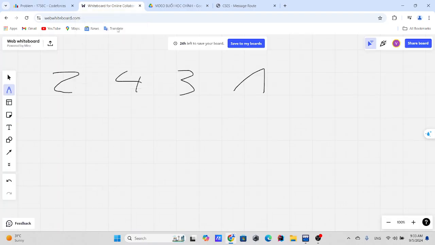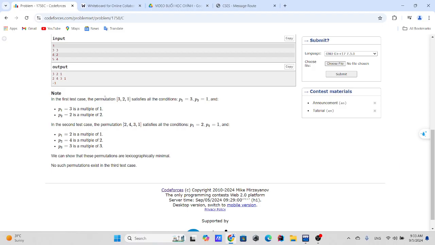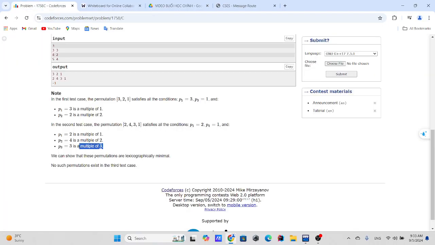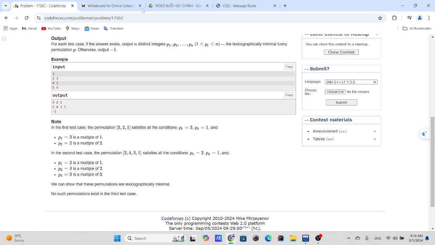Okay, how about 5 and 4? Oh, okay, I understand. It's like the index, right? 2 is a multiple of 1, right? 1 here, 2 here, and 3 here and 4 here. Okay, understandable. I understand the statement now.